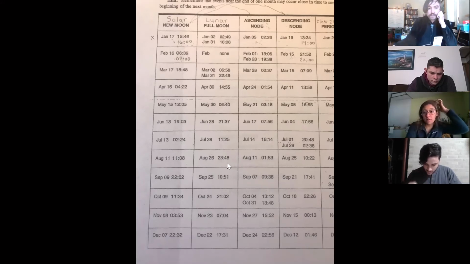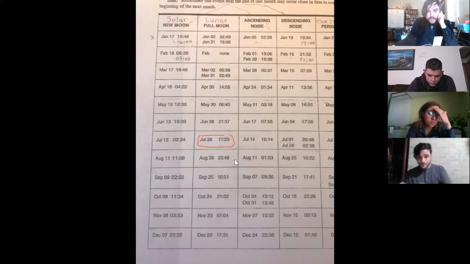Is July one of them? Okay, so let's check this out. And which node are you comparing that with? The descending node? There are 2 descending nodes. Oh, July 29th. Okay, let's count some hours together, Jenna. This comes first.